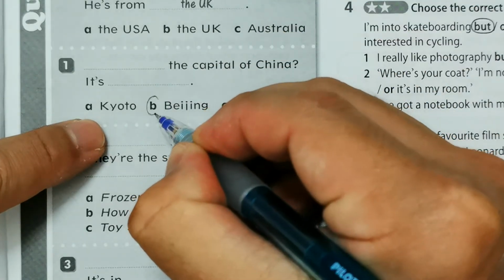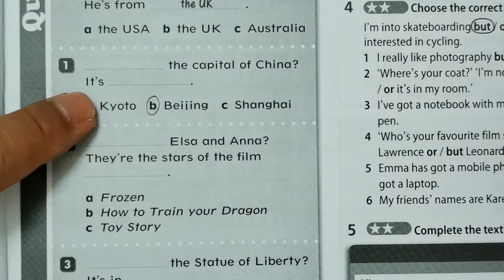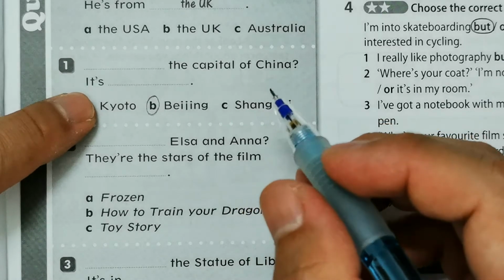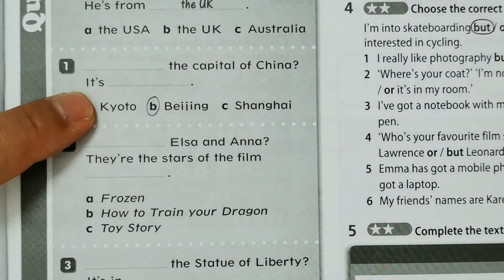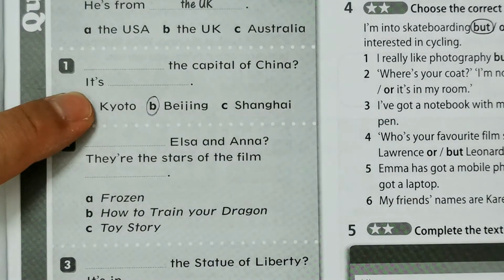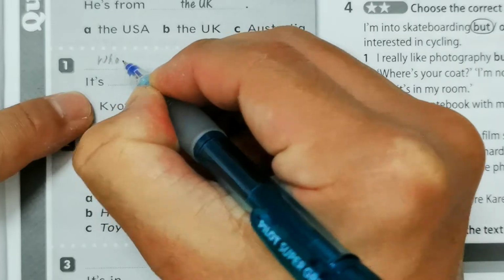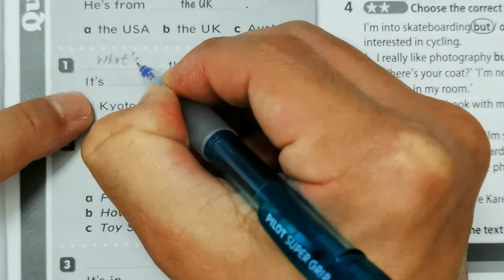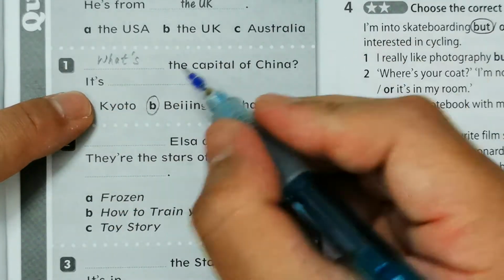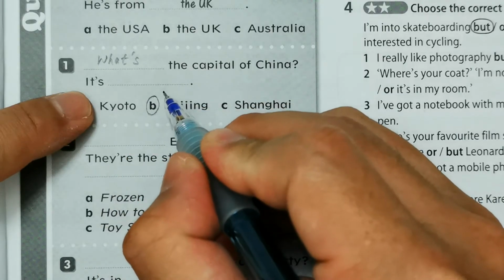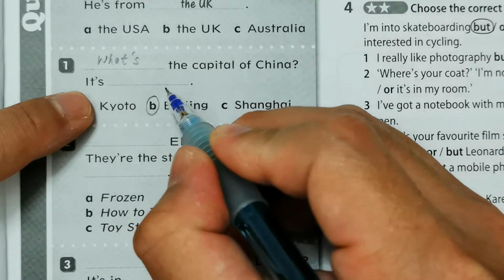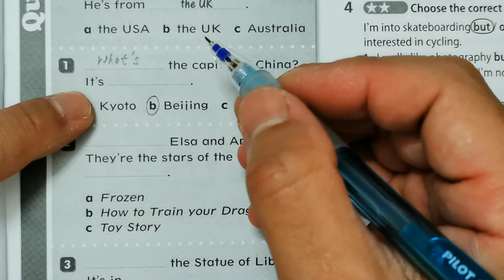So for B. So you should write what is the capital of China. So what's. Because the answer is not, we don't have the word from here, so we choose what rather than where's.